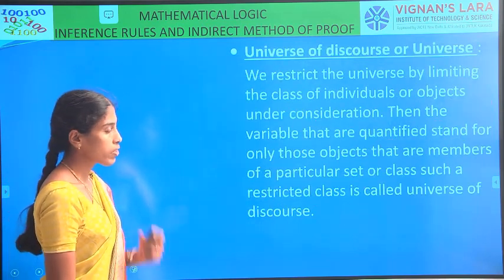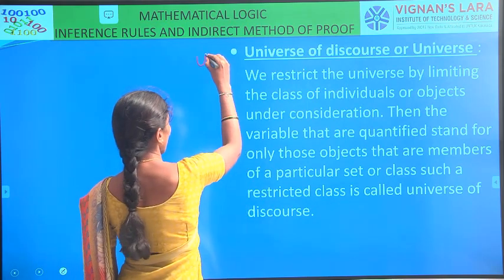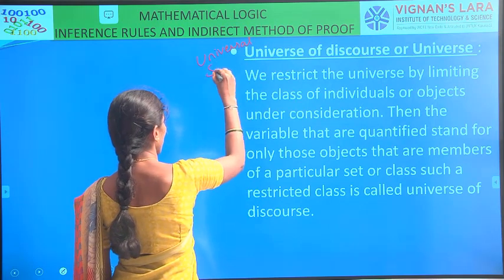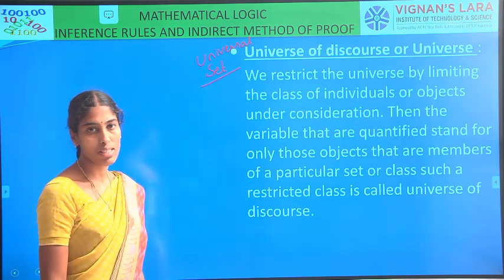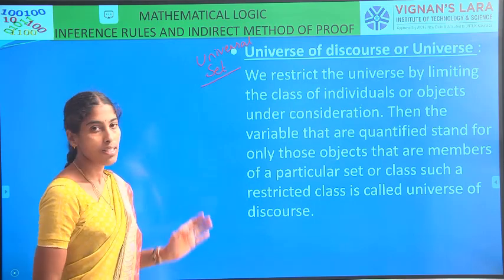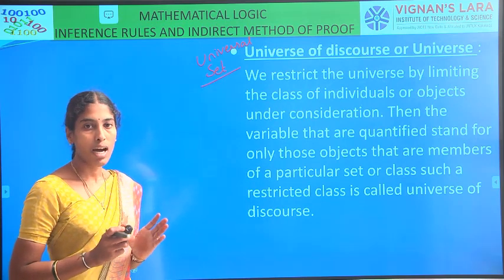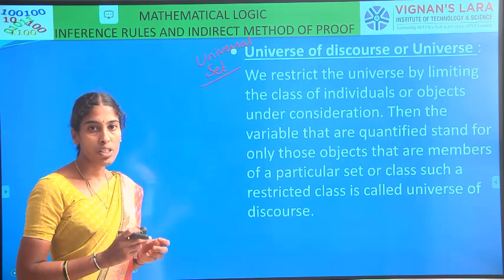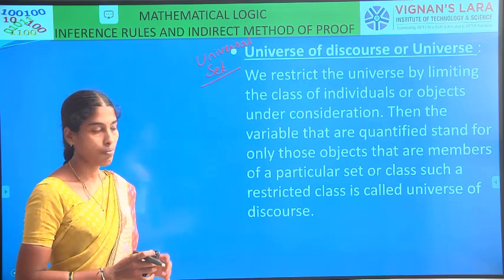Next, universe of discourse or universe. It is like our universal set in set theory. What is meant by universal set? It is the set consisting of all the elements under consideration. Otherwise, universal set is the set which is a superset of all the sets under discussion, right?